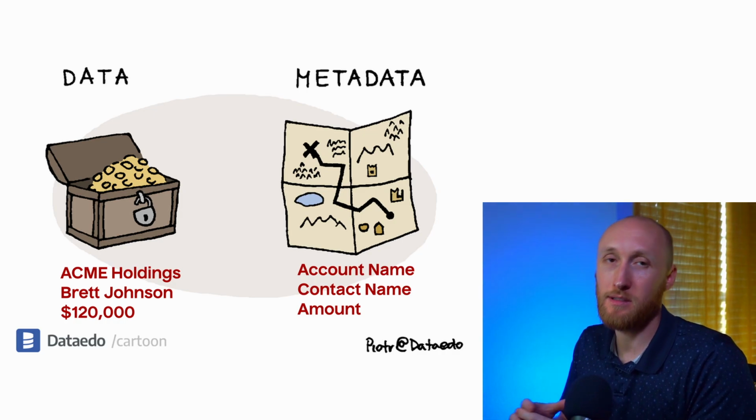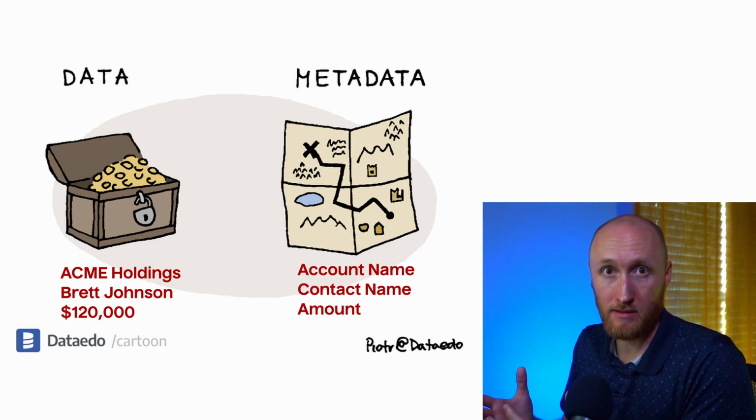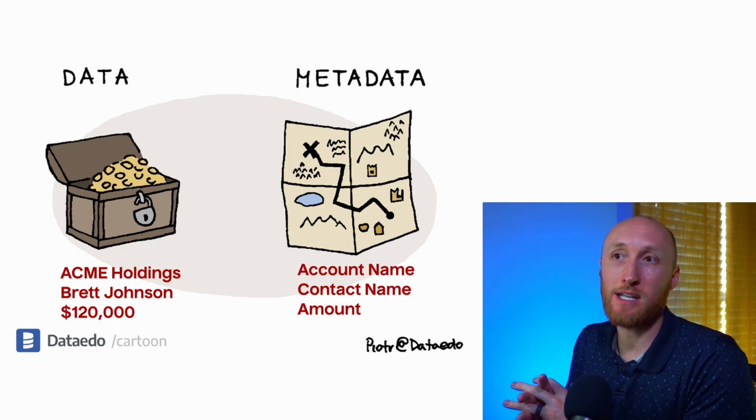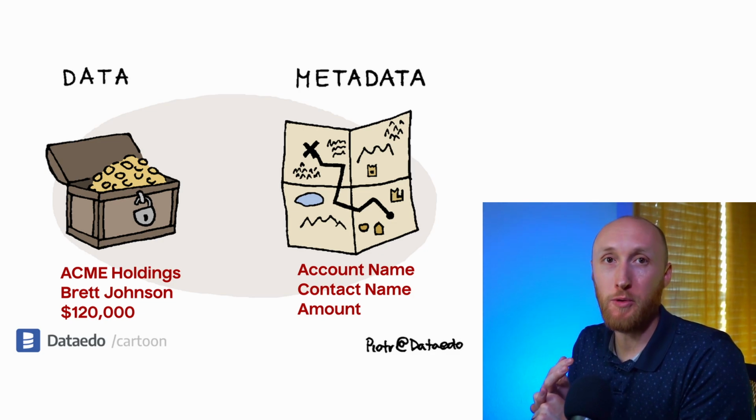Now what's copied, right? When we talk about metadata and data, metadata are the fields, the objects that are in Salesforce, whereas the data are the actual names of clients or contacts or opportunity data.